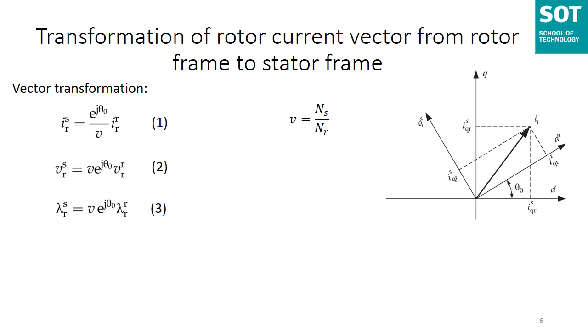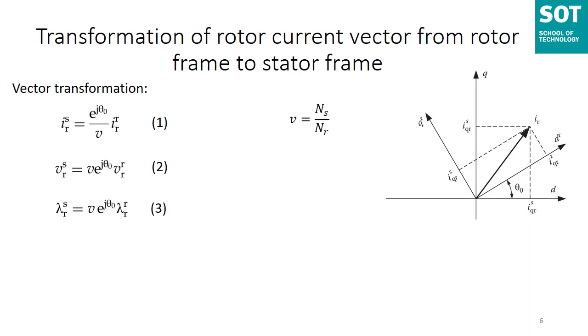The same expressions apply for the voltage and also the flux, V_R^S and lambda_R^S. That is equation number 2 and equation number 3. Using vector notation, either the stator or rotor windings can be represented by a simple resistance and inductance circuit.